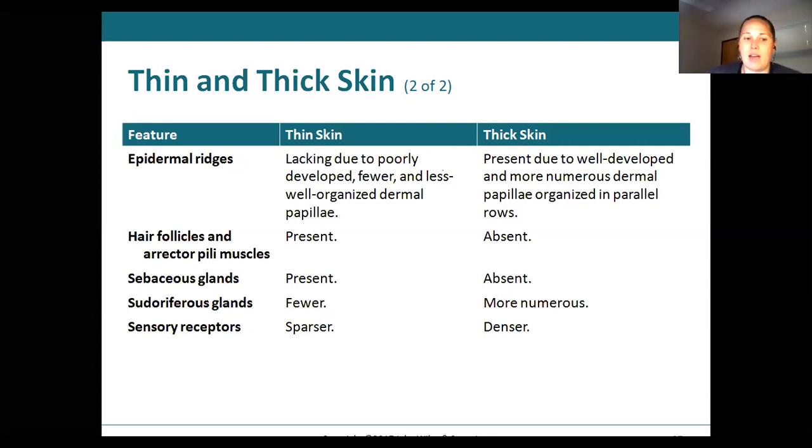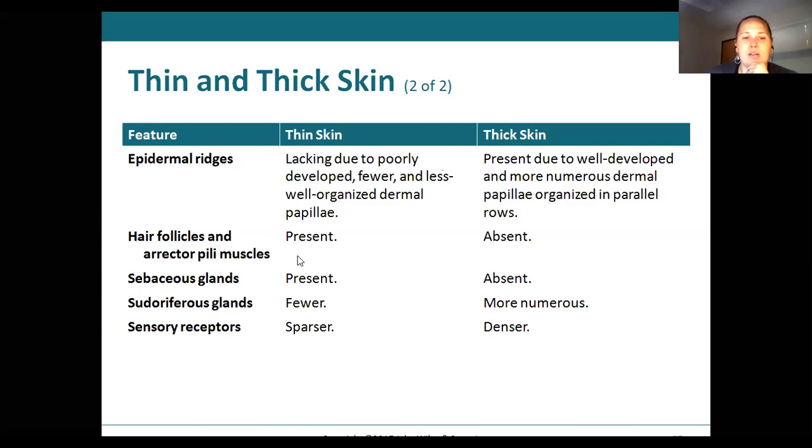They're also going to have far more sensory nerve endings in things like your fingertips versus, let's say, the back of your neck. And so there's a lot more innervation in some of your thick skin areas. Your thin skin does not have as many epidermal ridges, like the sides of your arms. You don't have fingerprints on the sides of your arms because you don't have those epidermal ridges present.